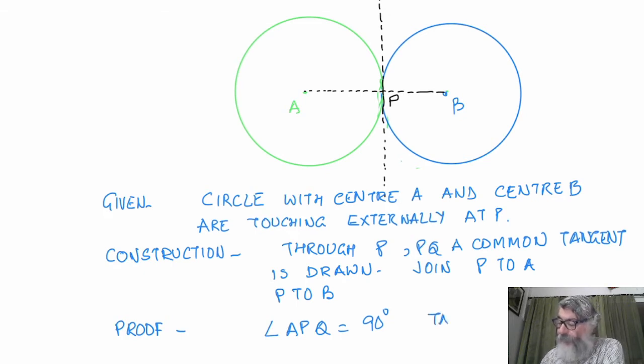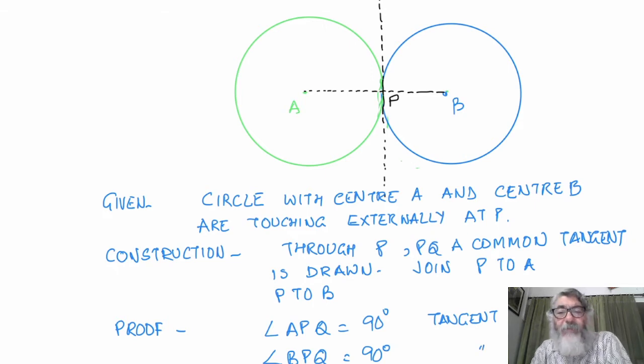Tangent is perpendicular to radius. In the short form I am writing; you can write in the complete form, tangent and radius are perpendicular to each other. Similarly, angle BPQ is 90 degrees. Tangent is perpendicular to radius.